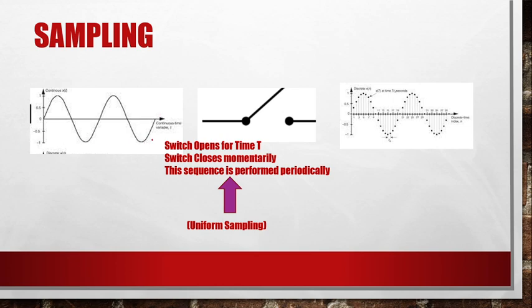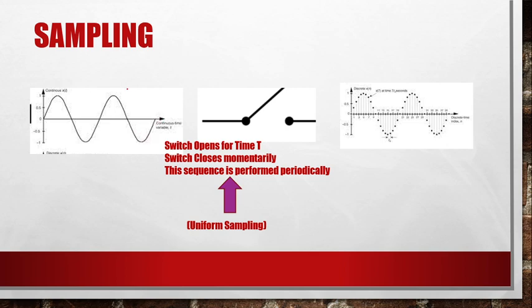So here I have shown you a signal which is continuous with respect to time. That means each and every time the signal has its unique magnitude, whatever the value is, it is always present with respect to time.